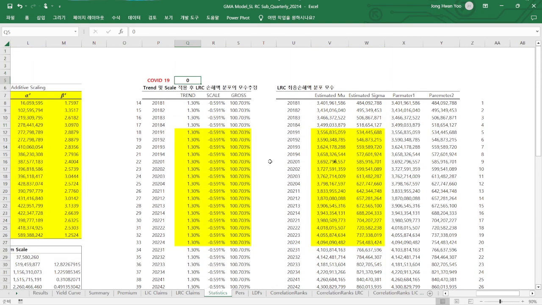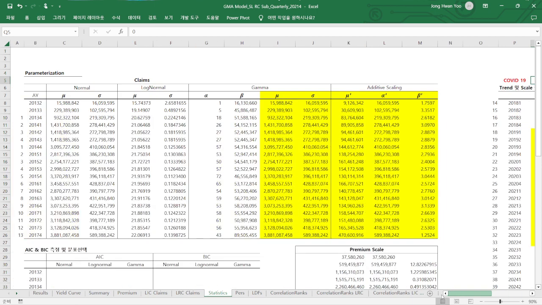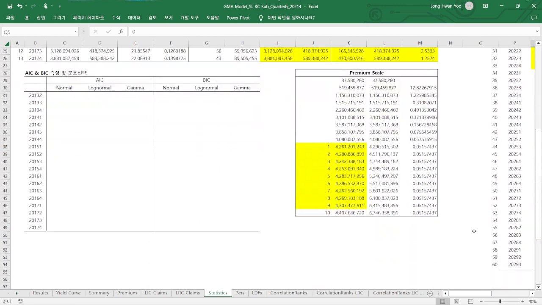That's because I'm trying to measure the insurance contract at initial recognition, and I need all the parameters that I estimated. I apply these selected mu and sigma starting from the initial recognition, 2013 second quarter, all the way up to 2029 third quarter.